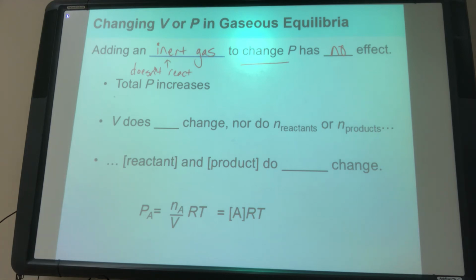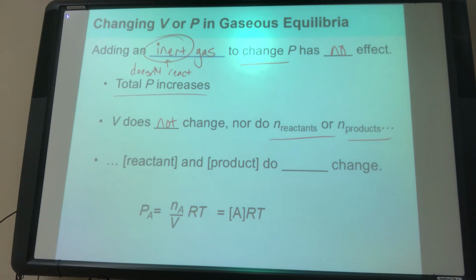The total pressure does change because I'm just adding more stuff into it. But my volume does not change. Nor does the amount of reactants or products, because it's inert. It doesn't react. Okay?